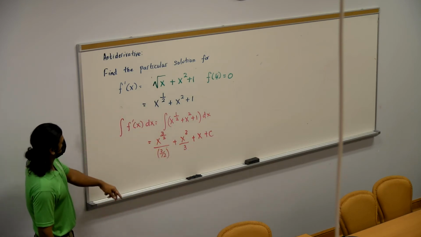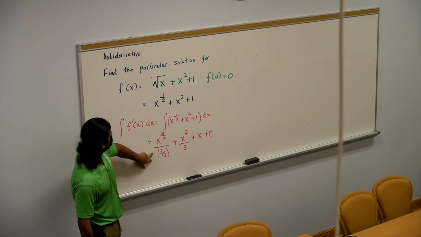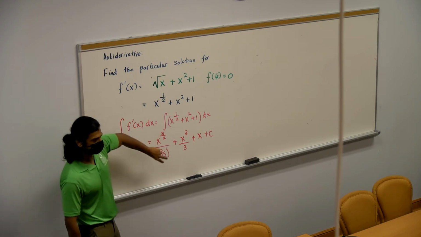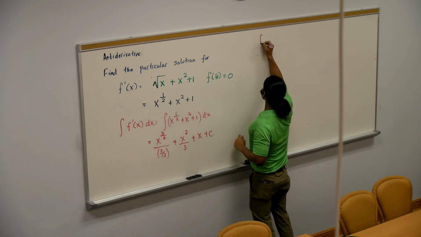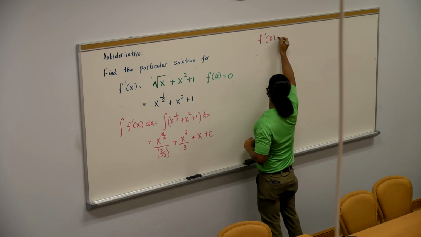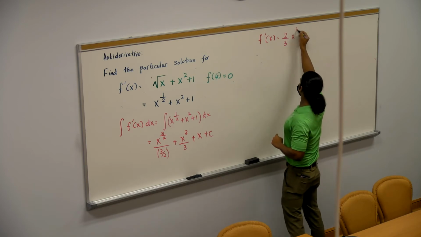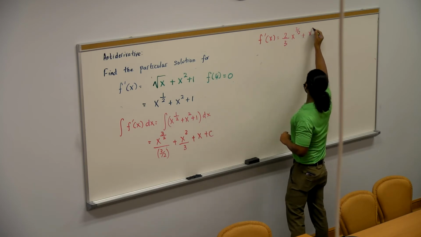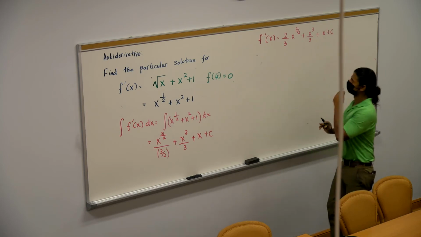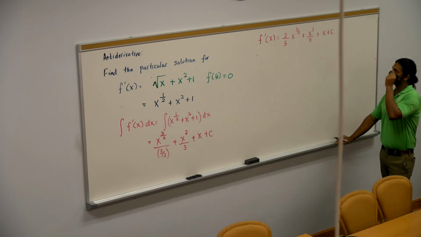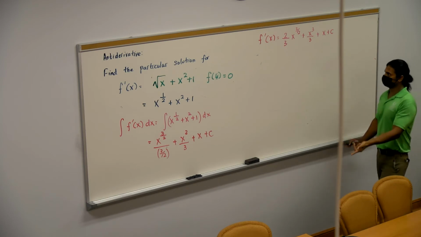You can leave it as is, or you can take this fraction. If it moves to the numerator, you just flip and multiply. Now we have to plug in the value 4.